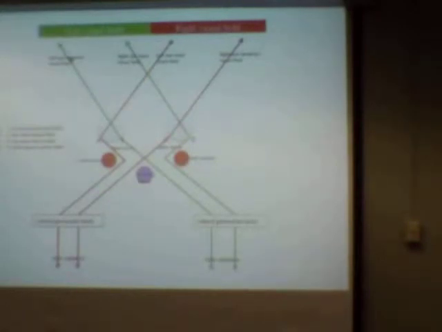That left visual field is seen by D and B on this diagram, those green lines. In other words, my left visual field is seen by my left eye's nasal retinal field and my right eye's temporal retinal field.